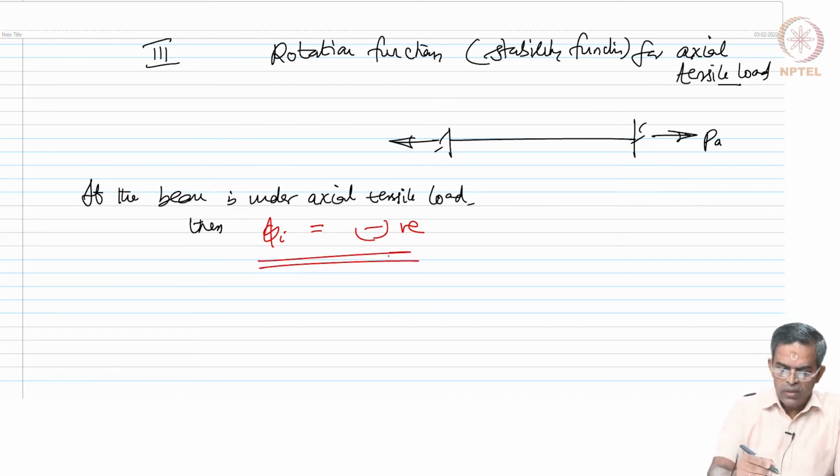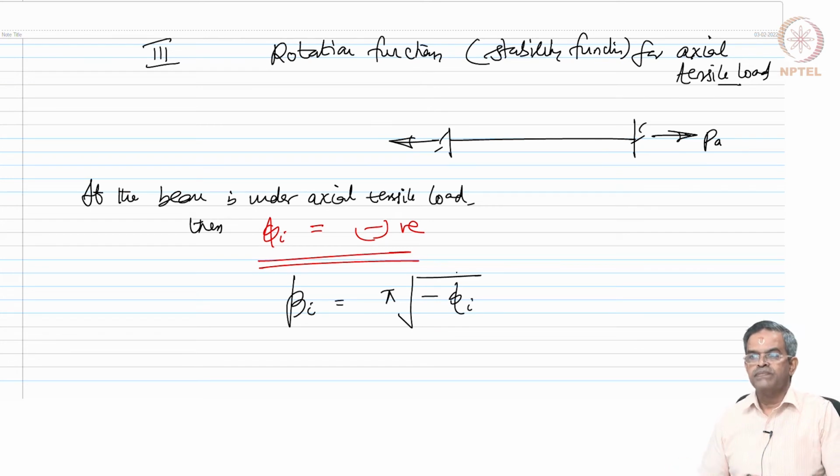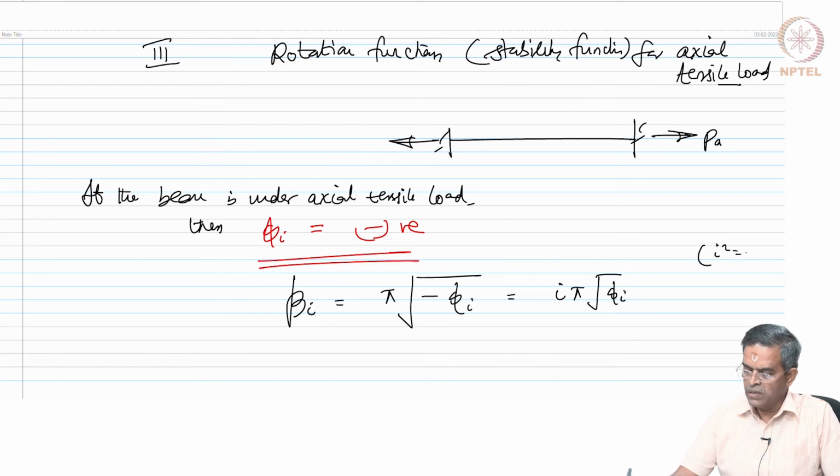So, therefore, I now derive or describe a new variable beta I, which is now going to be pi times the root of minus phi I, which I can write as I pi root phi I, because you know I square is minus 1.